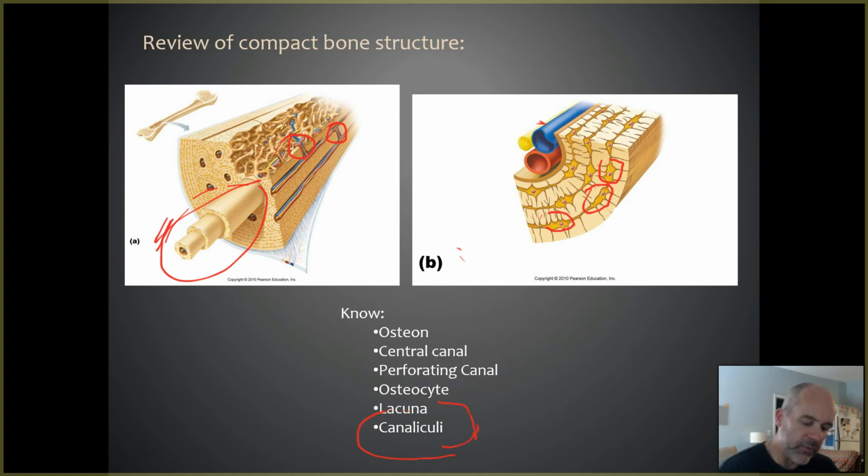That's a plural term for little tiny canals, these things that look like cracks between the rings of osteocytes. And each osteocyte is sitting inside a fluid-filled chamber. It doesn't extend very far outward from the cell, but that is also called a lacuna, just like your chondrocytes in cartilage are sitting in a little fluid-filled chamber as well. And again, the canaliculi allow these osteocytes to contact each other, and hopefully you remember the function for that.